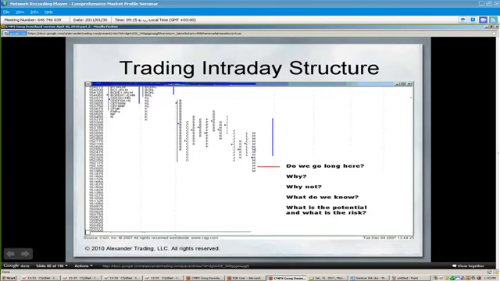Now think back to the example that we talked about this morning. I said the longer the day forms, the more rotations occur without taking out the high or the low, the less the probabilities or the expectancy is with taking that responsive trade. And this is a perfect example of that alone.